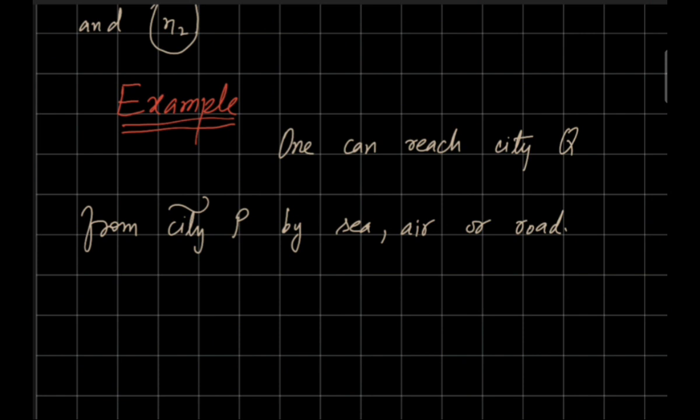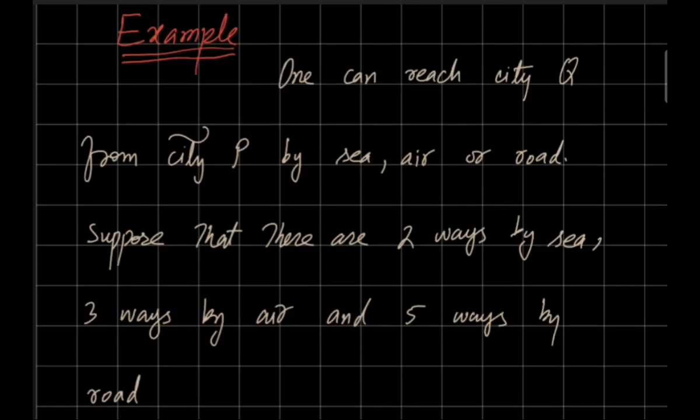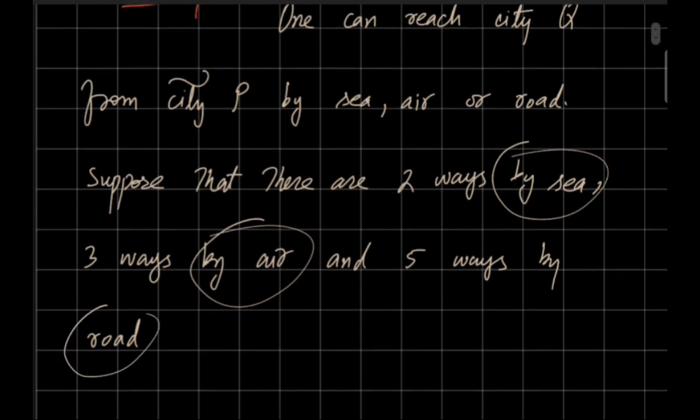Suppose one can reach city Q from city P by sea, air or road. Suppose there are 2 ways by sea, 3 ways by air and 5 ways by road.